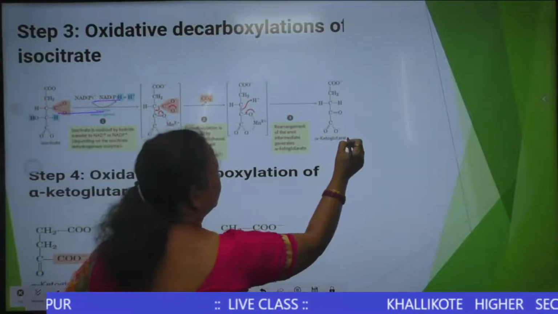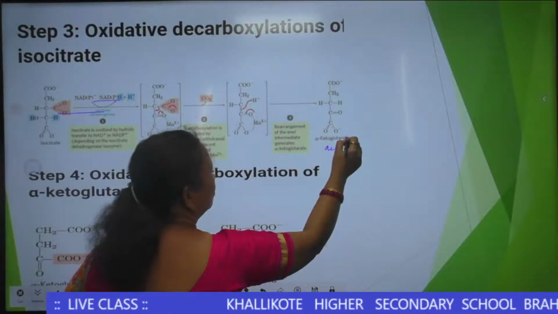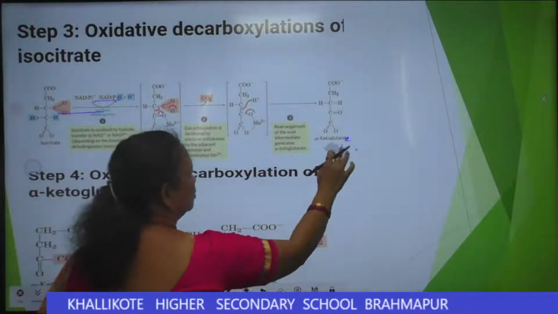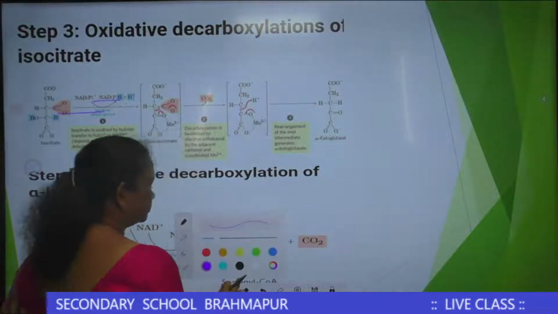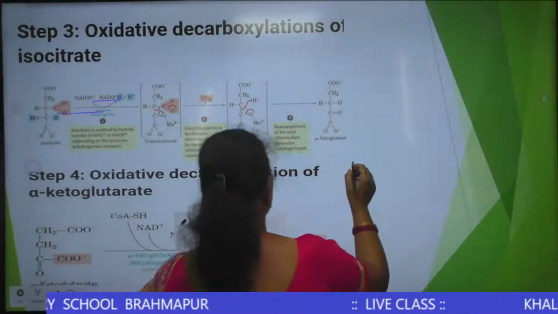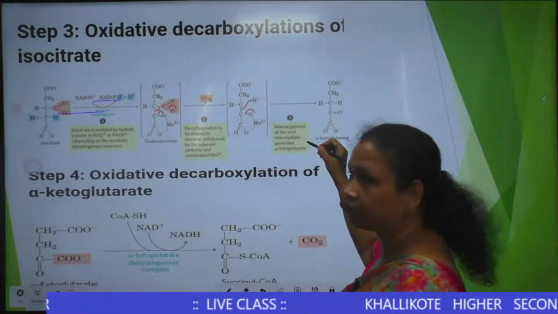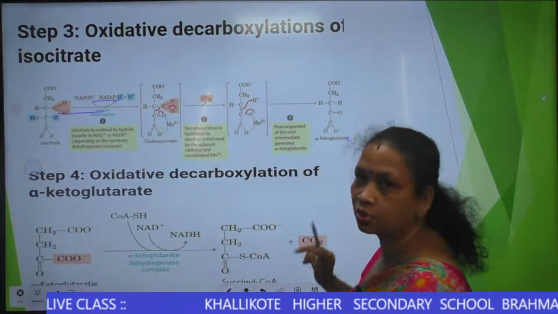So, alpha ketoglutaric acid or alpha ketoglutarate is formed by this reaction. Rearrangement of the enol intermediate will generate alpha ketoglutarate.